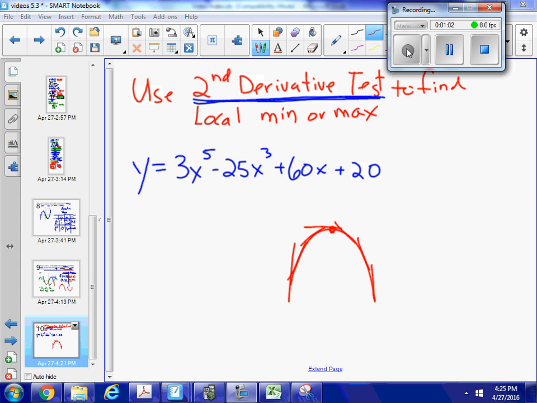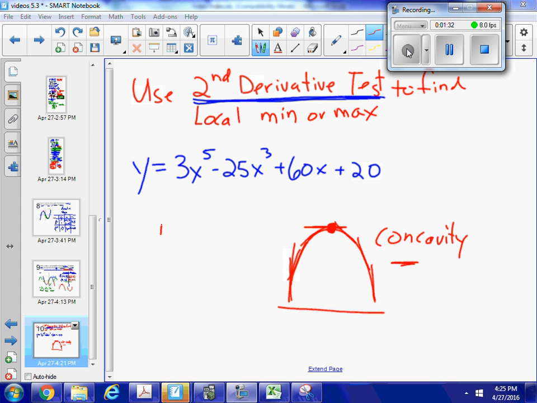So the rate of change of my slope here is negative. Even where it's positive, it's getting more and more negative. My concavity is negative throughout this entire interval here. And when that is the case, if my second derivative at the point of the maximum is negative, it means I have a local maximum.